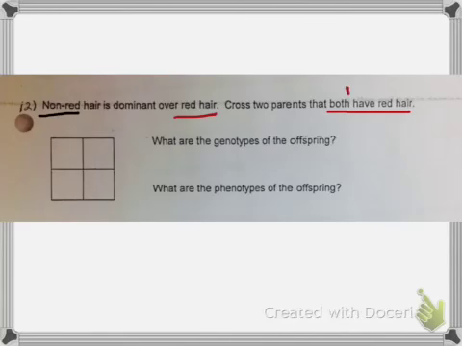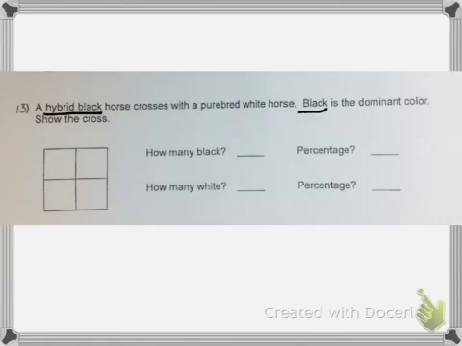So I'm using R's, and they both have 2 lowercase r's. If we cross 2 parents, both with red hair, their kids are both going to have red hair. And so what are the genotypes of the offspring? There would be 2 lowercase r's, and the phenotypes would obviously be red hair.